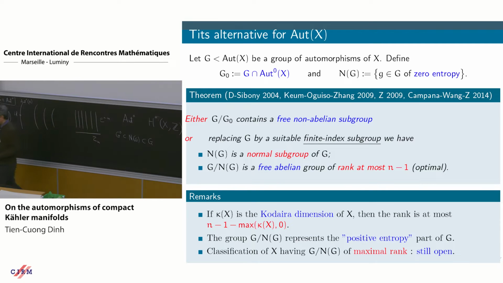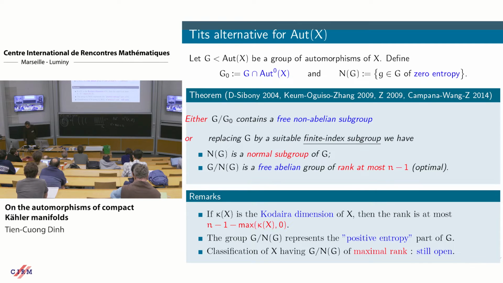NG is a group of 0 entropy. There is also the problem of classification of X such that the rank n-1 is optimal, maximal. Then the problem is still open, and there is much work by De-Qi Zhang and his collaborators, but the work is not yet finished.